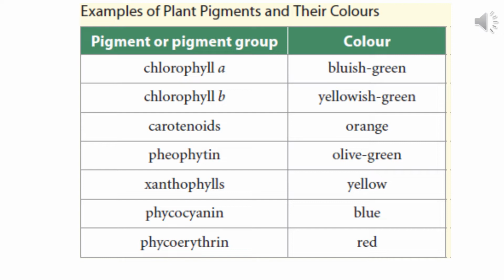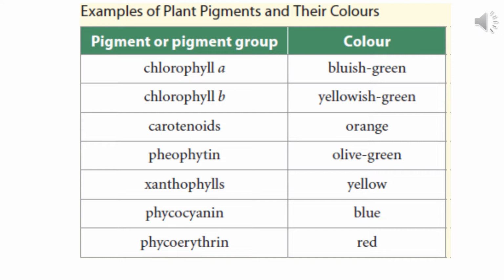And in different plants, there are different types of pigments. For example, chlorophyll a is present in most plants, while phycoerythrin etc. is present in some types of seaweeds, phycocyanin also. While carotenoids, chlorophyll b, pheophytin, xanthophylls etc. are present in many types of plants.